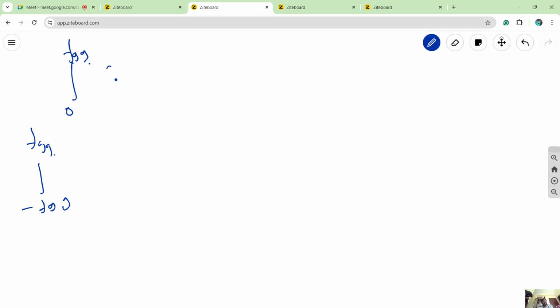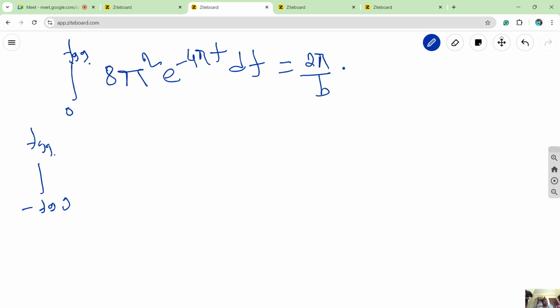We already derived the frequency spectrum in the previous equation. So it is e to the power minus 4 pi b f df, and it should be equal to 2 pi by b into 1 minus e to the power minus 4 pi b F99.